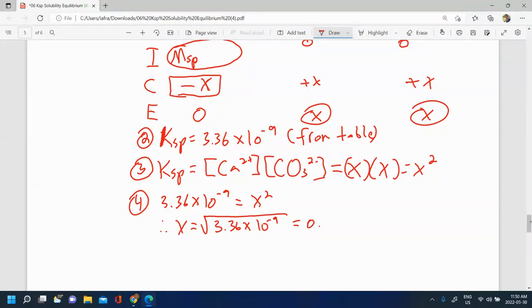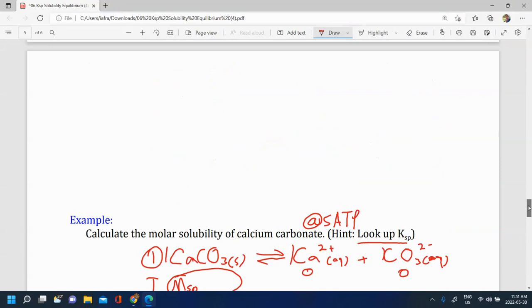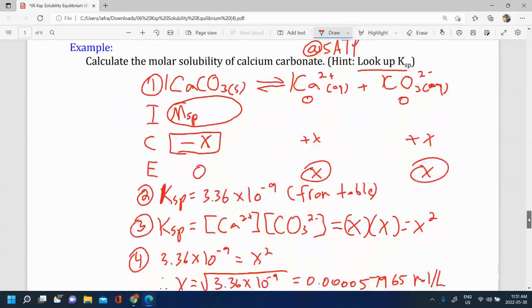We get 0.00005795. And don't forget, this is a concentration, moles per liter. How many sig figs do we have here? Well, we don't have any sig figs given to us in the question.